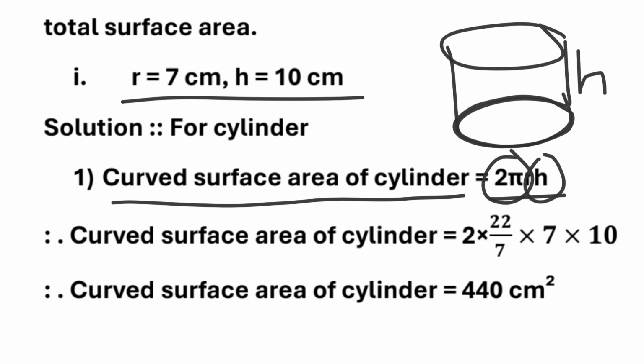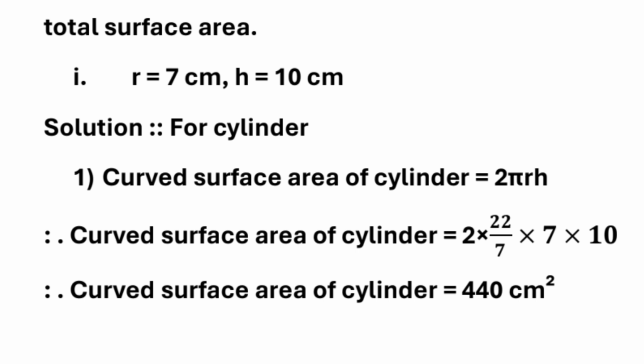So the curved surface area of a cylinder is equal to circumference into height, therefore the formula is 2 pi R H. Did you get this? Now we put values.